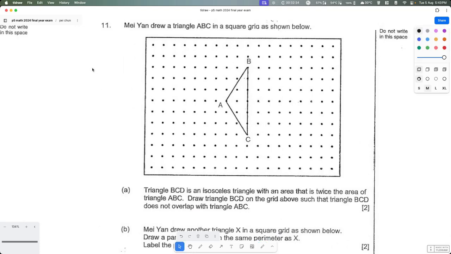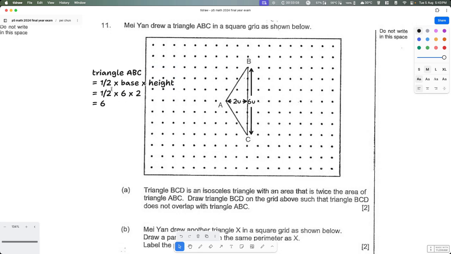So triangle ABC is equal to half times base times height. The base is 6 units, and the height is 2 units. That will give us an area of 6.